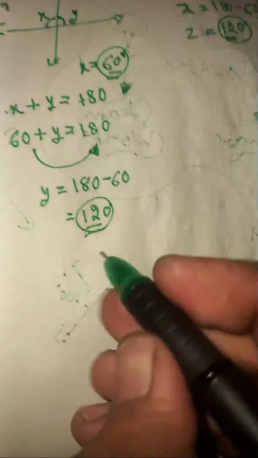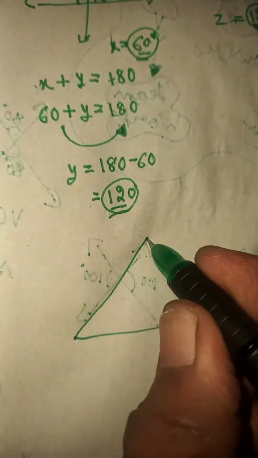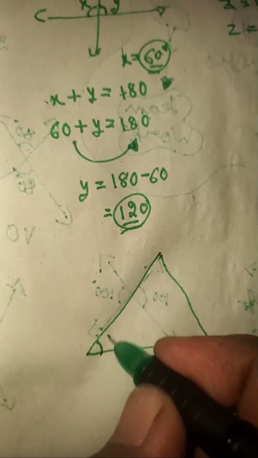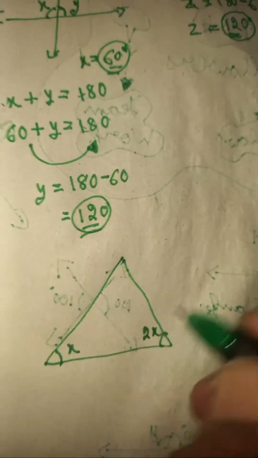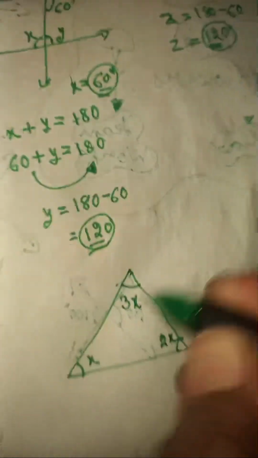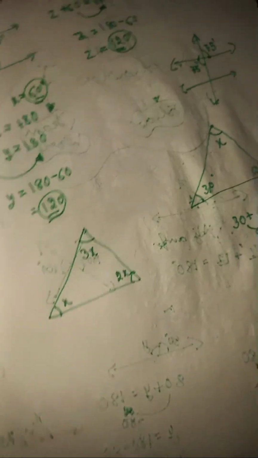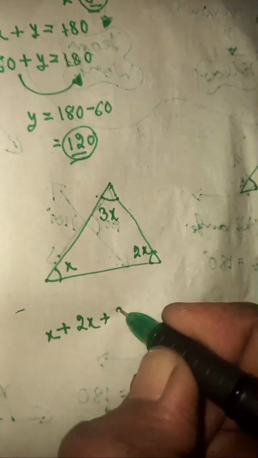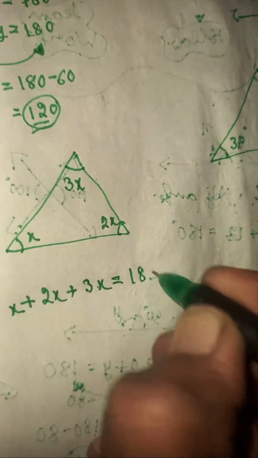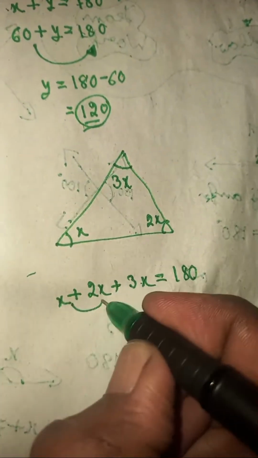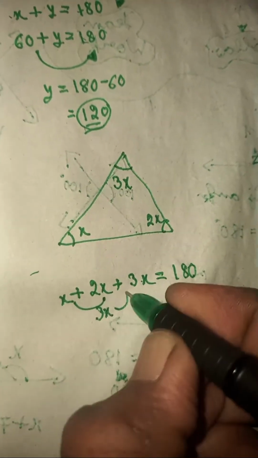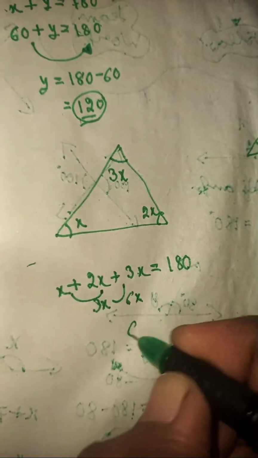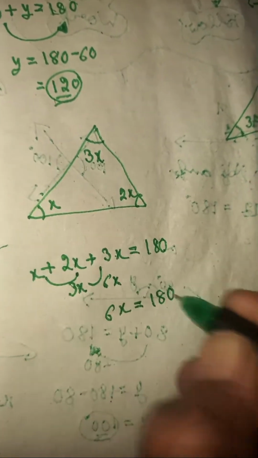Let's take one more triangle. In this triangle they have given this angle as x, this angle as 2x, and this angle as 3x. When all of these are given in terms of x, you need not worry, because you can sum them out. x plus 2x plus 3x is going to be equal to 180 degrees. Now add them. x plus 2x is 3x, 3x plus 3x is 6x. 6x equals 180 degrees.